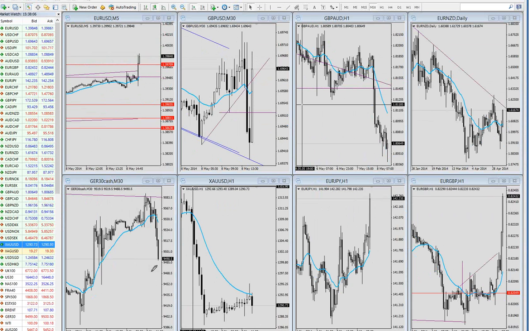So DAX is trying to break below 9,500 psychological level, and now trying to break 21 daily moving average.